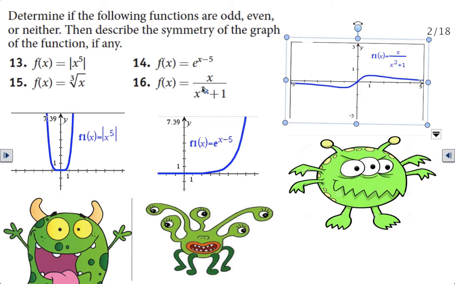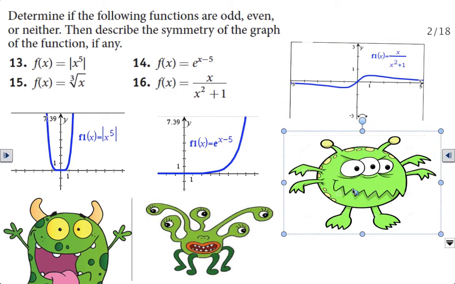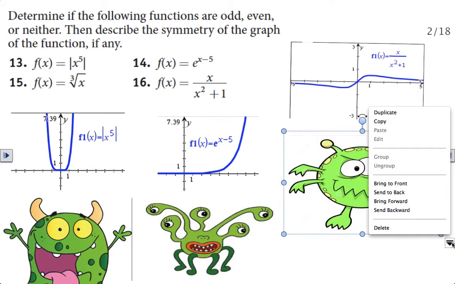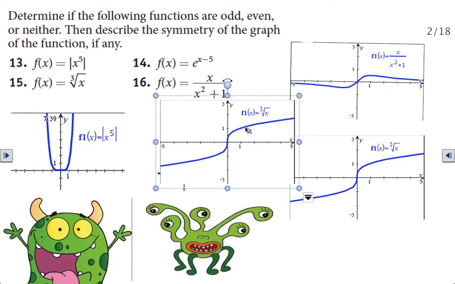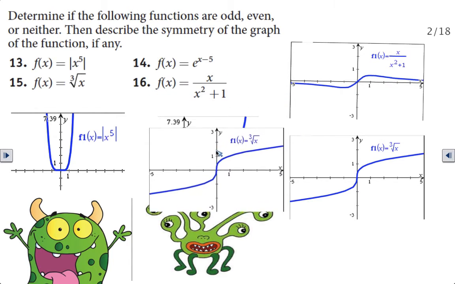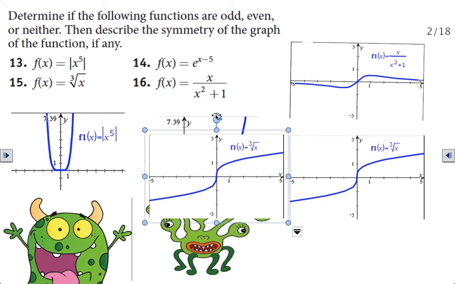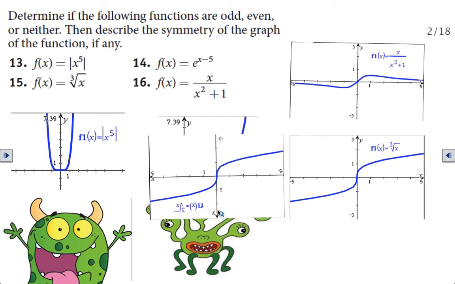Okay, so that's this equation, and then I guess this one is probably the cube root of 3. That one I believe is also an odd function. So I can take this equation, let me copy this and paste it. So here's this graph, and if I turn it, I'm trying to get it exact.